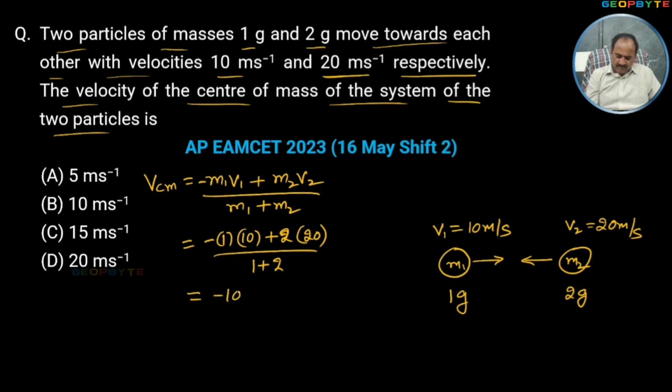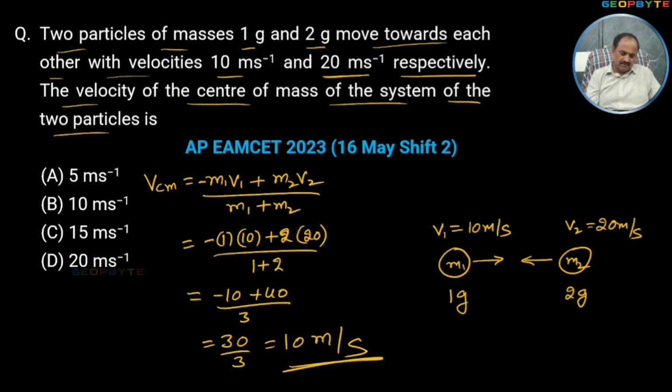It is minus 10 plus 40 divided by 3. It is 30 by 3, equal to 10 meter per second. That is the velocity of the center of mass. Look at option B. Option B is absolutely correct.